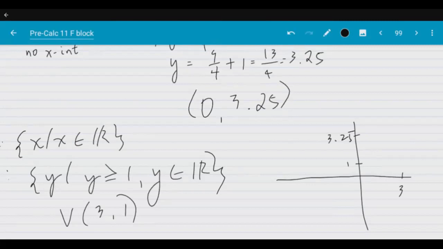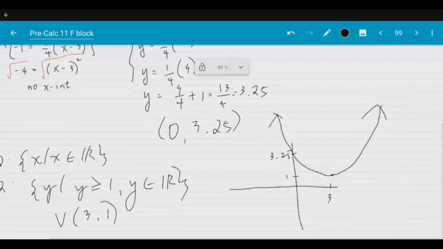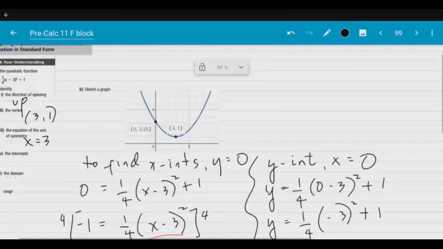A quick sketch of it would be to have a vertex here, and then since it's a parabola, it's going to go that way. But since a parabola is symmetric, there's another point on the other side that could go this way. All right. And that is sort of a quick sketch of it. But then, of course, to make a better parabola, the idea is to make an input-output table to show a better result. Okay. Of course, you may take a look at the actual sketch, which is this one.